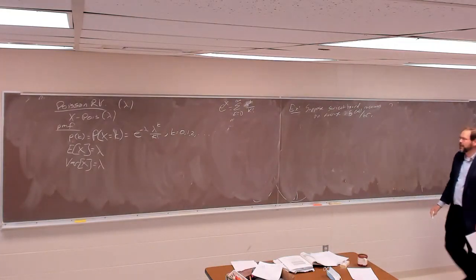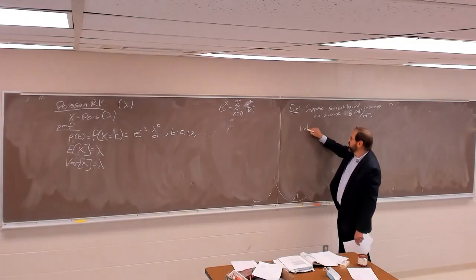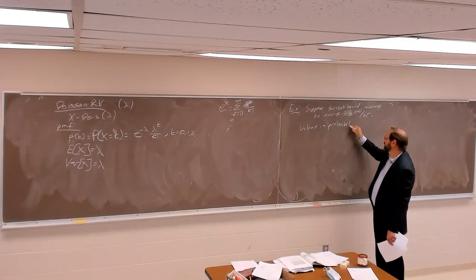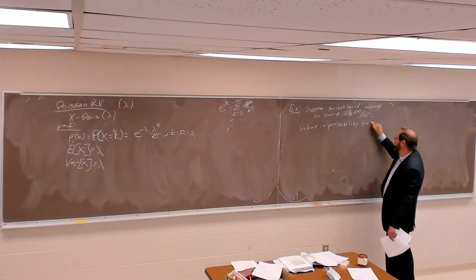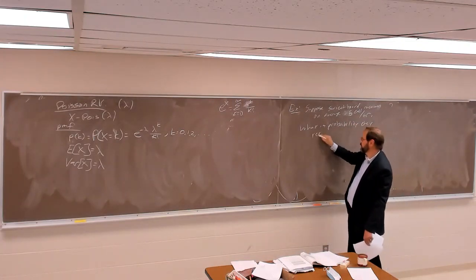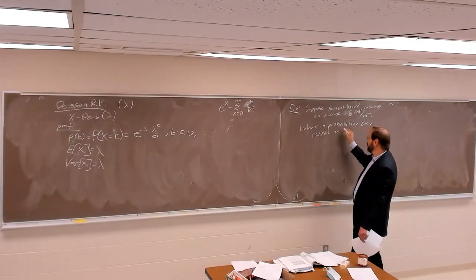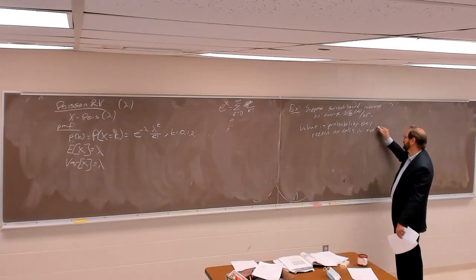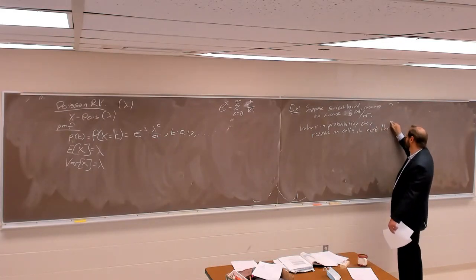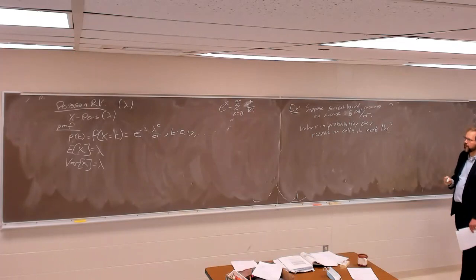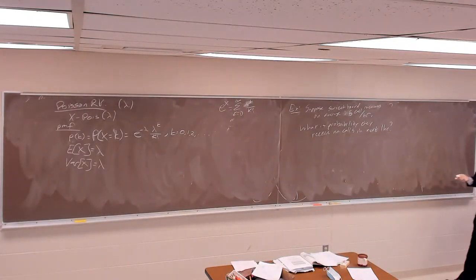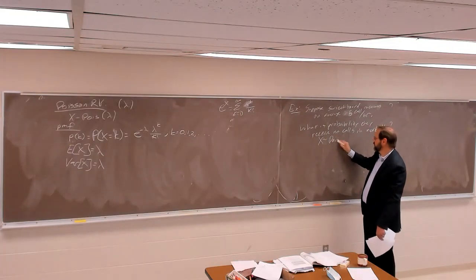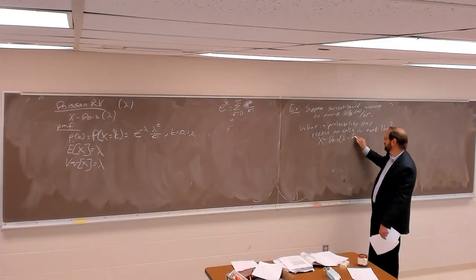And let's say I have a question like, what is the probability they receive no calls in the next hour? My claim is, this is X, a Poisson random variable with parameter lambda equal to 5.